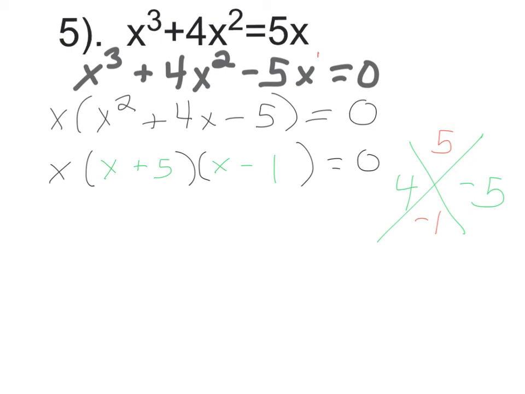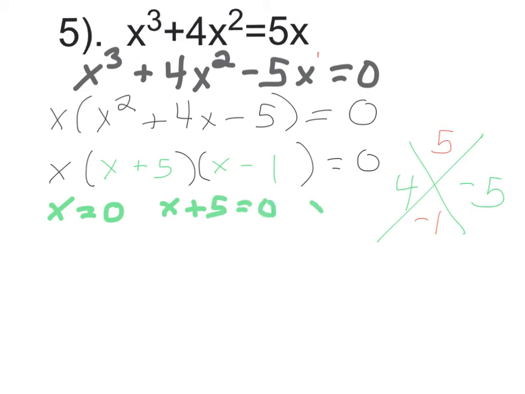So now we're factored into prime, so now we can just set each factor equal to 0. So here we have three values of x. We have x, x plus 5, and x minus 1. So we need to solve for all three. So let's do that. So we're going to have x equal to 0. Then we're going to have x plus 5 equal to 0.